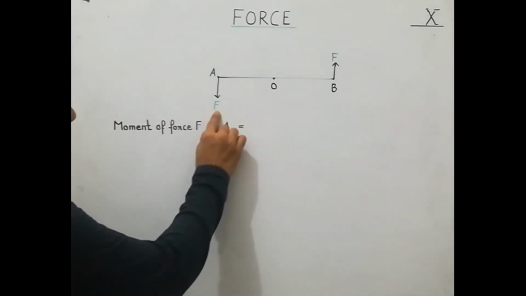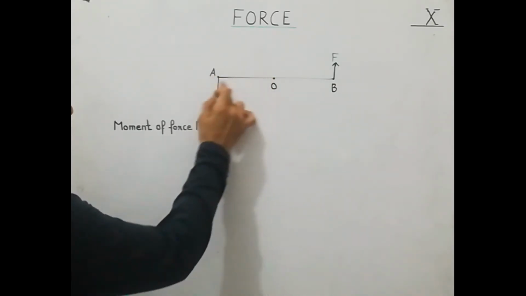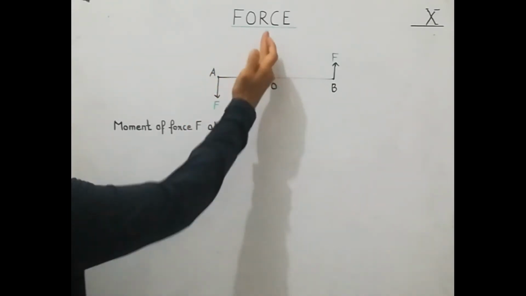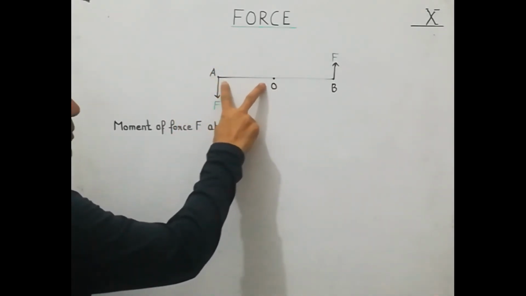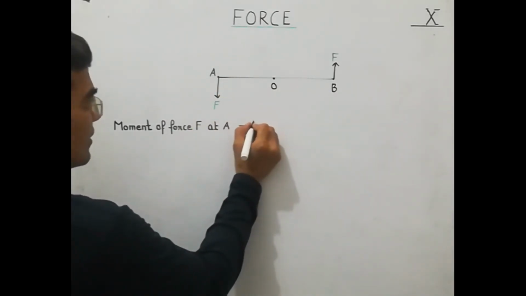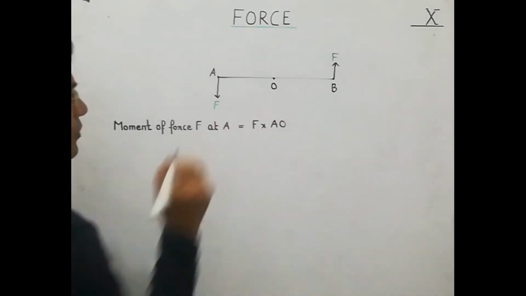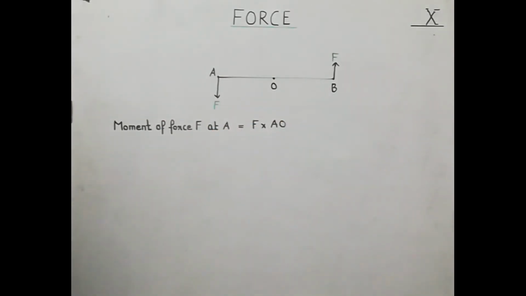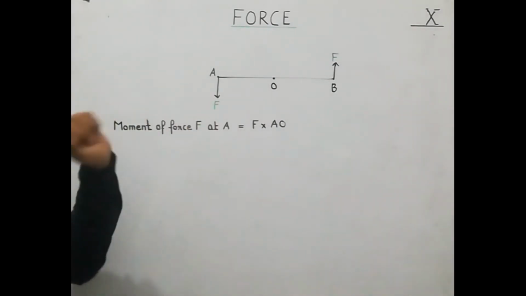So for the first force, this is the axis of rotation and this is the line of action of the force. So this is the perpendicular distance AO. So you can write it like this, F into AO. Now this is the moment of force F at A.